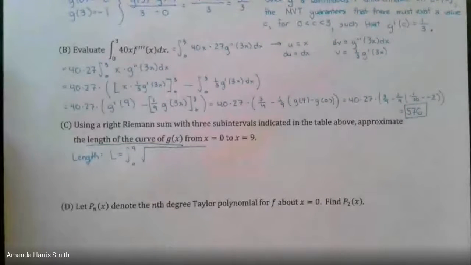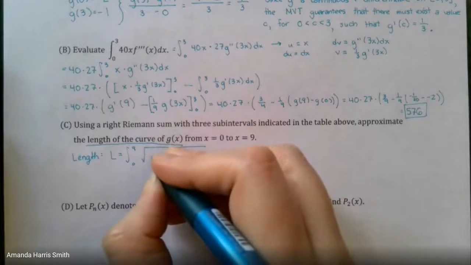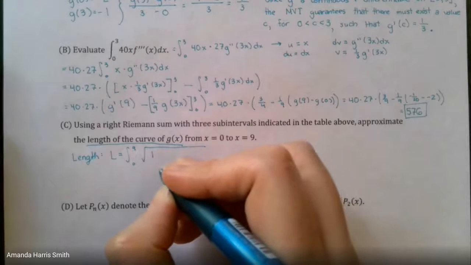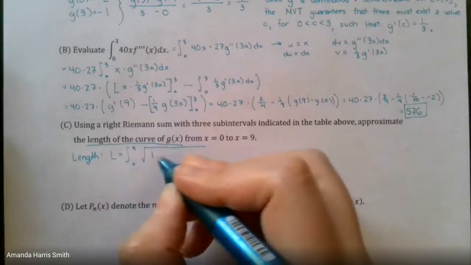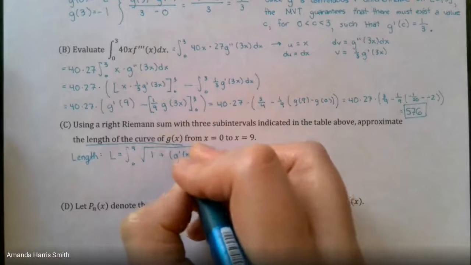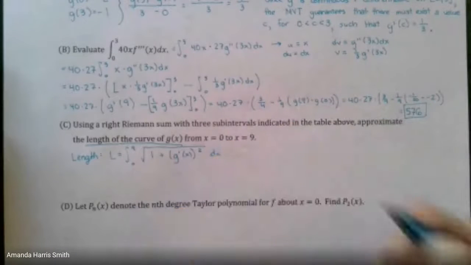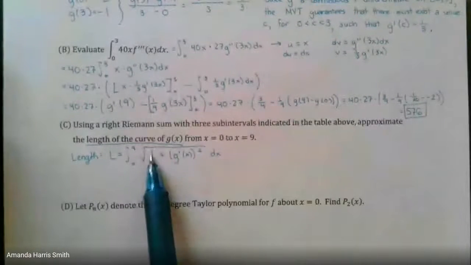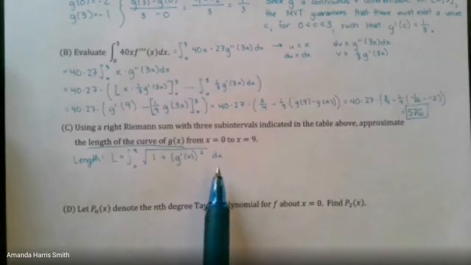So just reacquaint yourself with the length for regular rectangular coordinates, which is the integral from a to b of root 1 plus the derivative squared. Okay, so inside this root, there's 1 plus g prime of x squared dx.